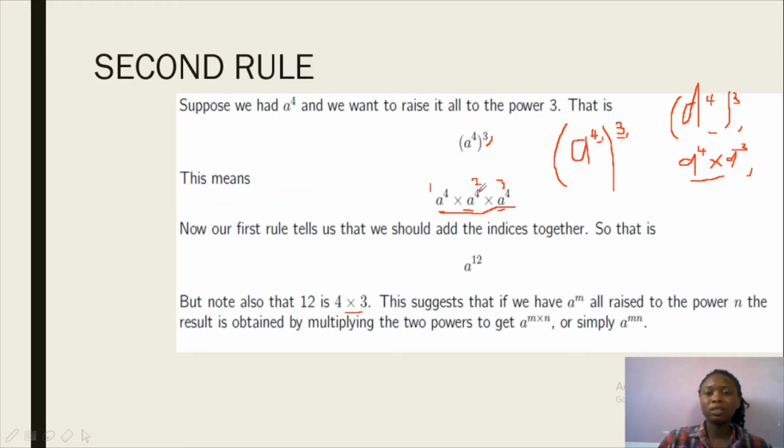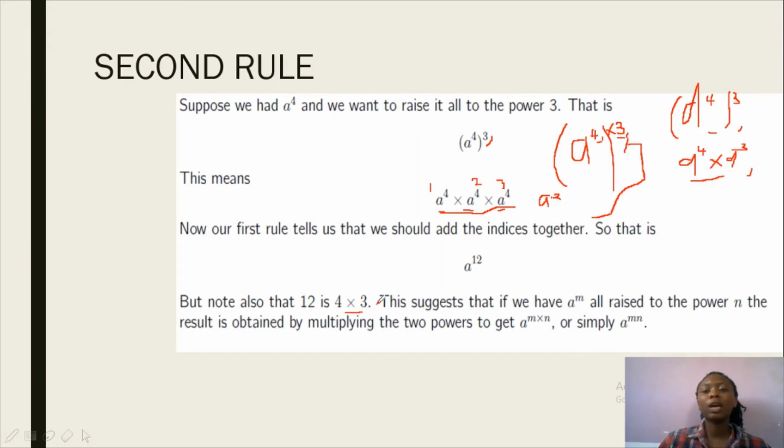So 4 plus 4 plus 4 will give us A raised to the power 12. If we don't want to use this method, we'll then use this method of multiplying just the exponents. So we get 4 times 3.